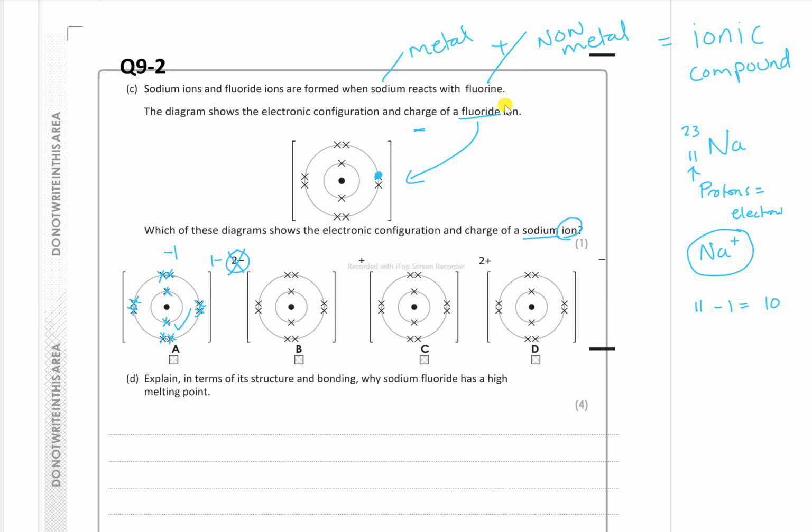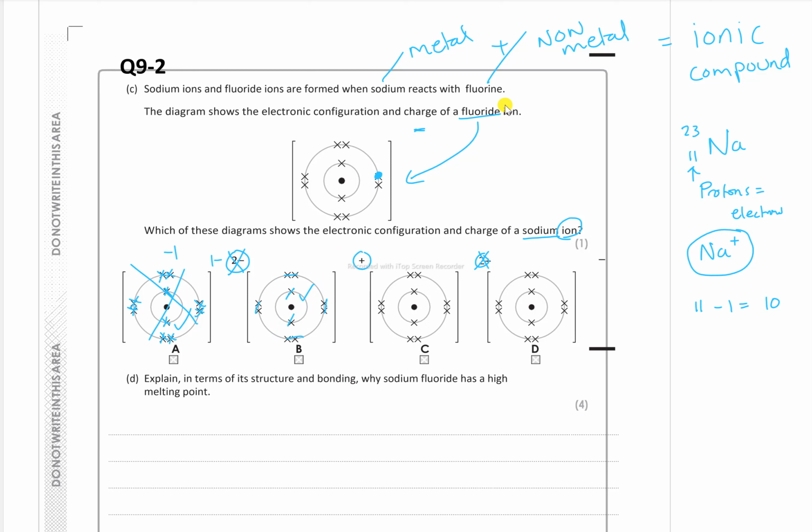I tend to put minus 1, but it's 1 minus for the fluoride. Right. This has got 2, 4, 6, 8, 9, 10. That's right, but it's got the wrong charge. That's a 1 plus, although you don't have to write the 1. So it's not that one, and it's not that one. That's got a plus 2. We only want a plus 1. Oh, silly person, I've done it again. Too busy concentrating on other things.